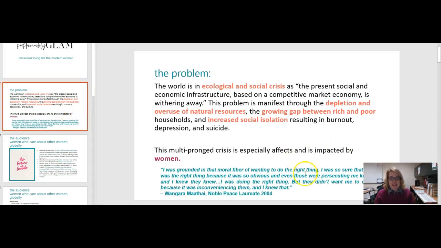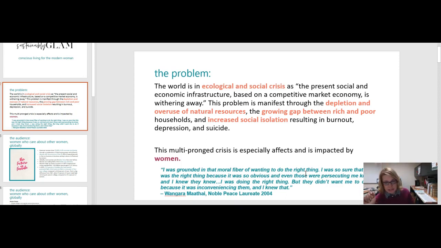So I have identified the problem that I'm resonating with, I'm really curious about, and I'm trying to understand. The world is in an ecological and social crisis, as the present social and economic infrastructure based on competitive market economy is withering away. And that is a Sharma quote, by the way. This problem is manifest through the depletion and overuse of natural resources, the growing gap between the rich and the poor households, and increased social isolation resulting in burnout, depression, and suicide.